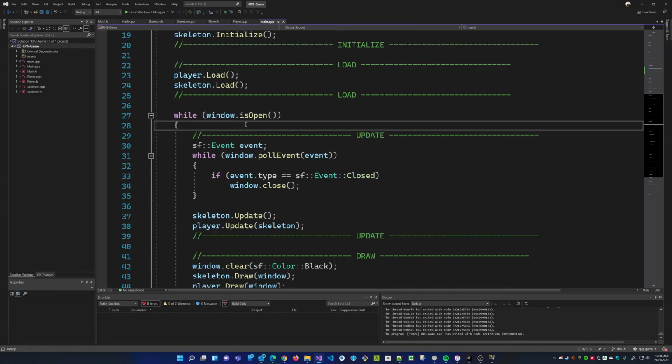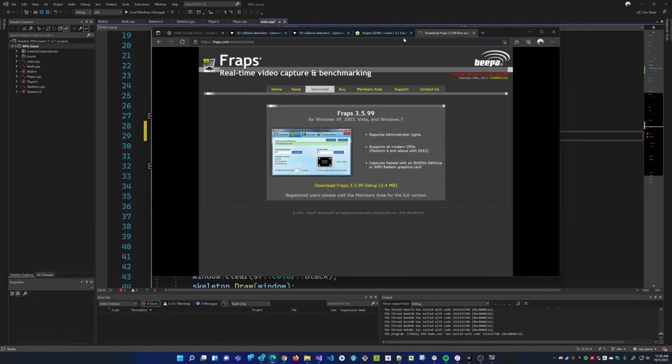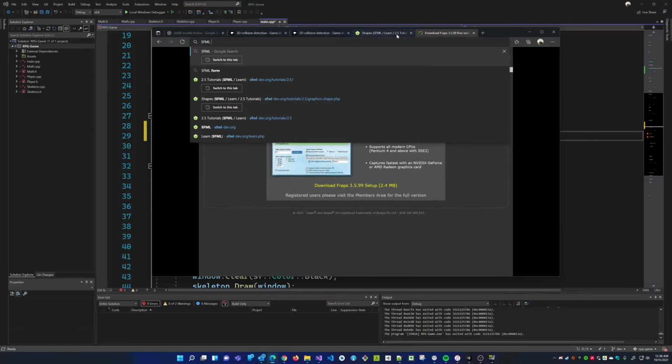What I need to implement is a clock. SFML has that, so I can do sf::Clock equal to... yeah, I forgot, so documentation. Let's do SFML clock.